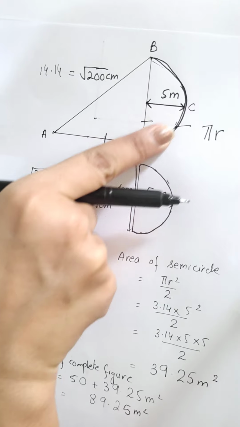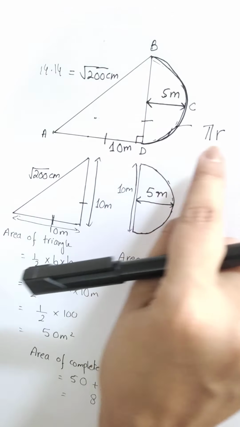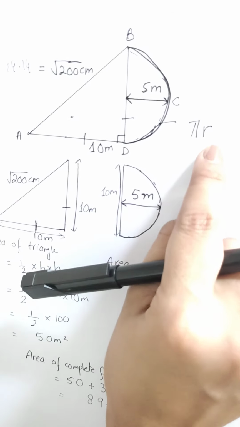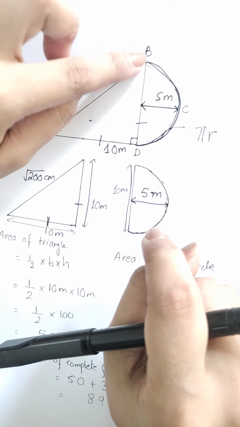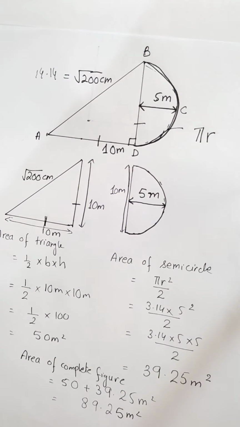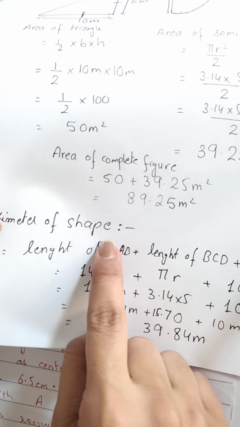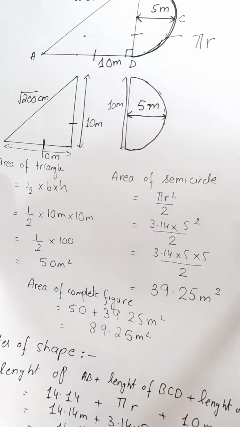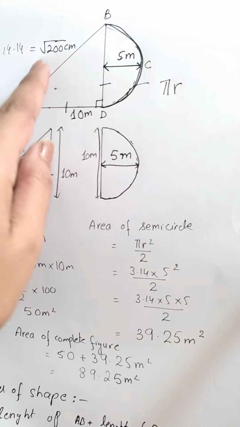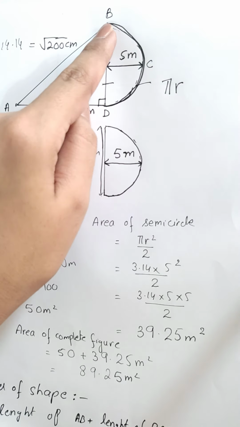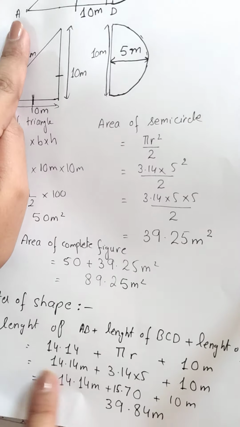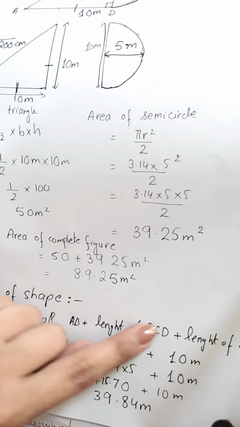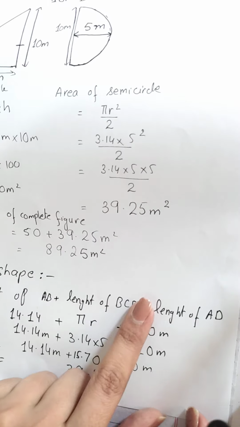Now I will use the value of pi r and find the value of BCD. The perimeter of the shape is the length of AB plus the length of BCD plus the length of DA.